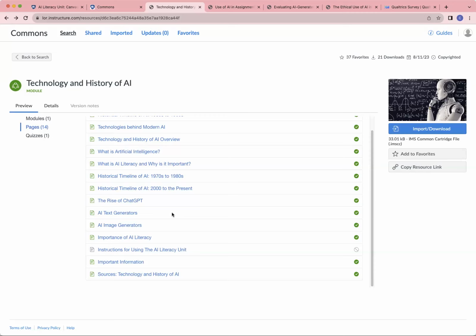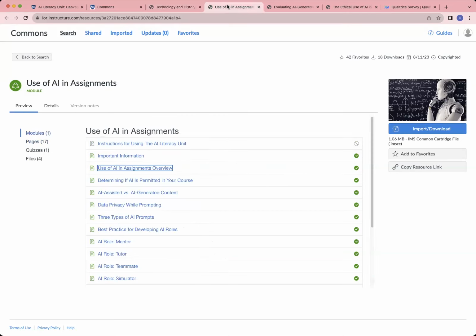I think depending on the types of assignments you have, understanding the fact that the current sort of generation of AI can be used for text as well as image generation, and students can often use those in concert depending on the nature of the assignments. And lots of other good information in this one.